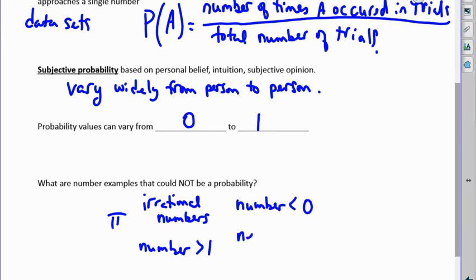You can't have any negatives. You couldn't have something like 5 over 2. That's greater than 1. That could not be. So these are all examples of things that could not be probabilities. Let's throw out some other weird numbers in math, like e. If you ever get a value over 1, you know you don't have a probability.